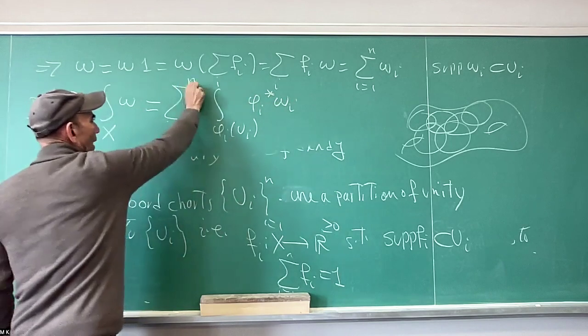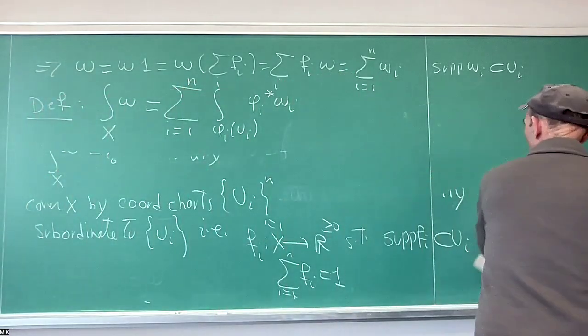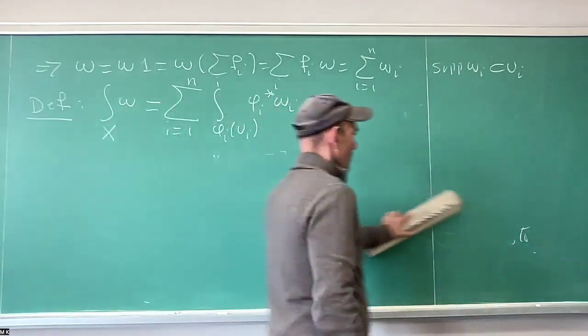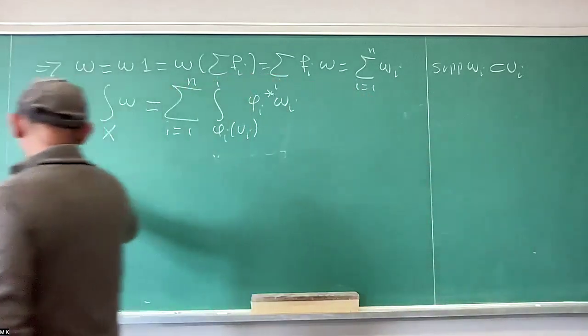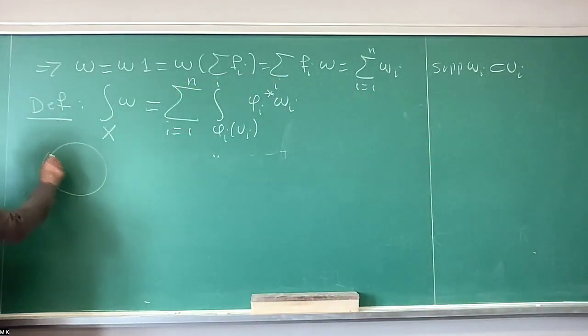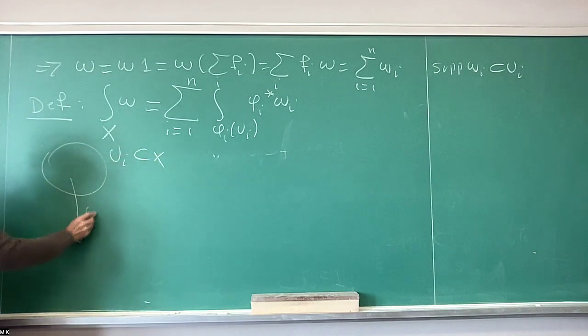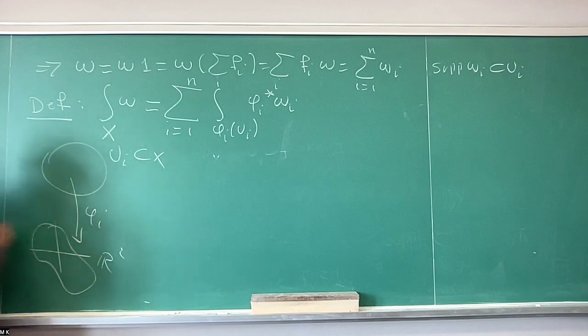So let's see, what does this mean? Here, of course, ui is inside x, and we just choose this phi i to map to R2. This is phi i of ui.